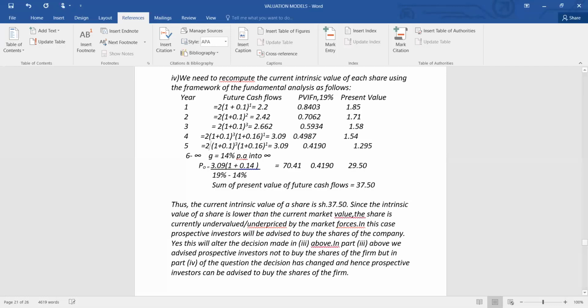What is the answer here? It's 2.662 times 1.16, which is 3.087. So 3.09.